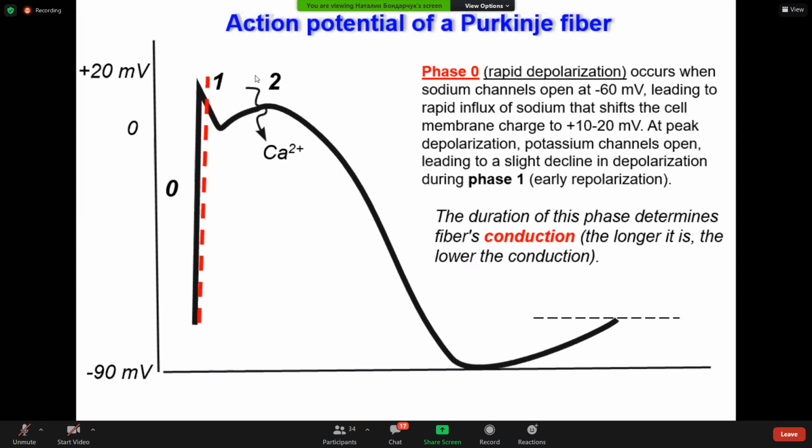It occurs when sodium channels open at the level of minus 60 millivolts, leading to rapid influx of sodium that shifts the cell membrane charge to plus 10, or like here, plus 20 millivolts.